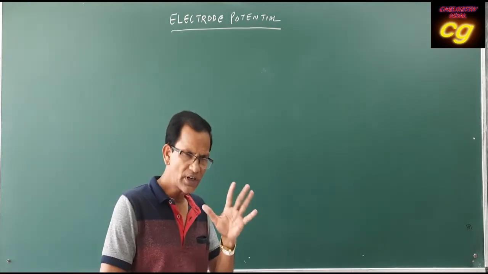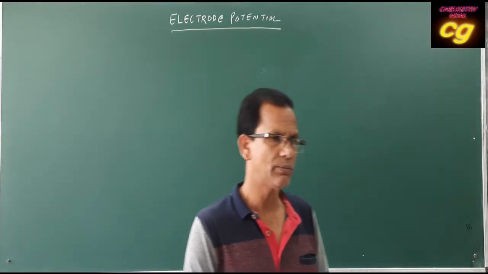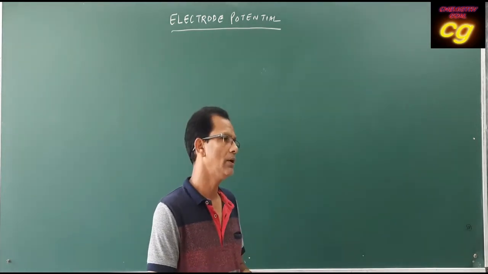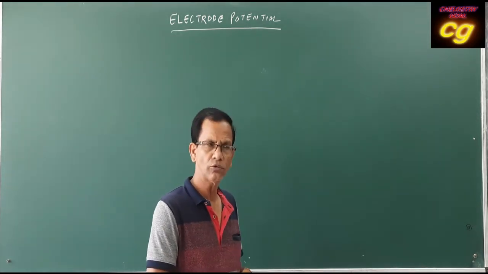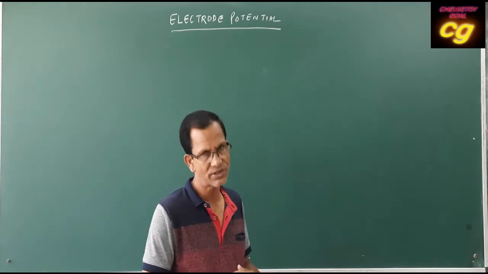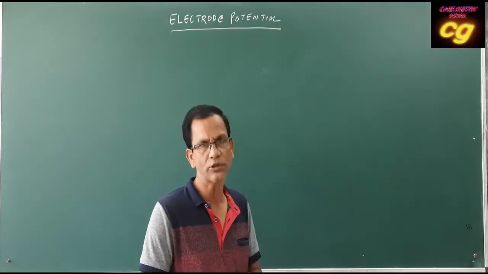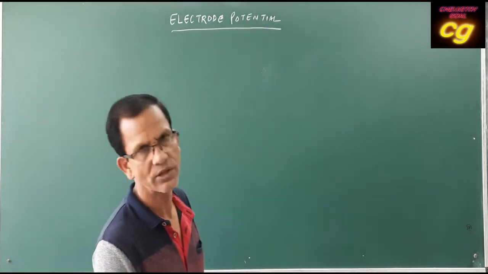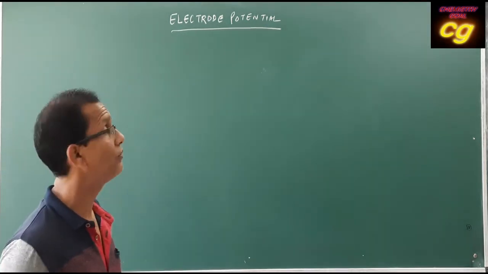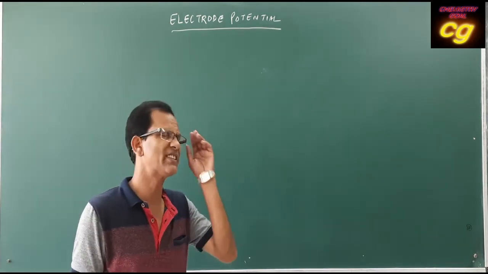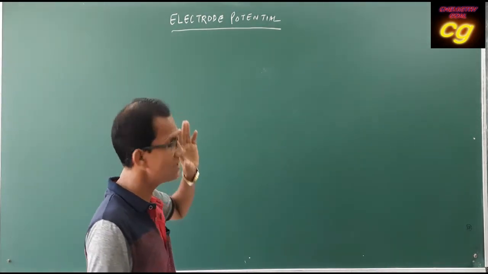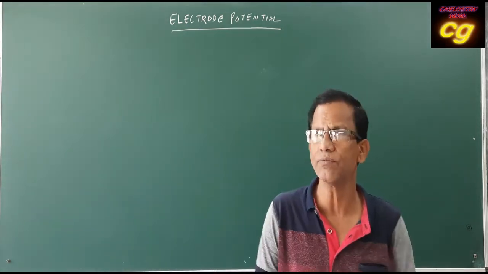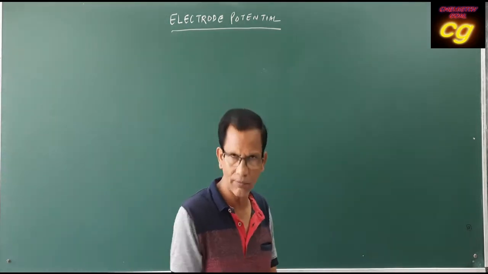Due to the difference in electrode potential between two electrodes, current flows. If both electrodes have the same potential, the same tendency to lose electrons, then there will be no flow of current. So electrode potential is very important to frame the different types of electrochemical cell, that is, the galvanic cell.